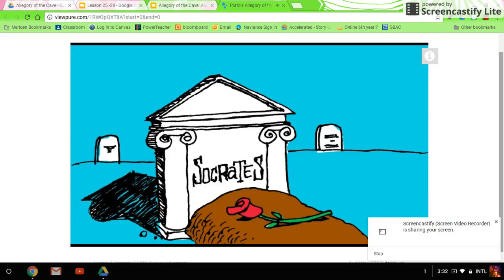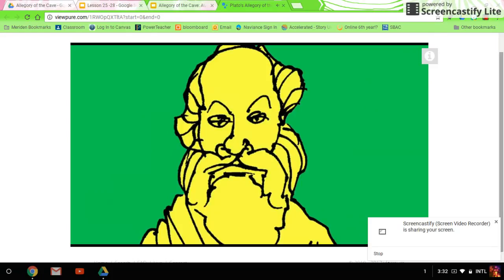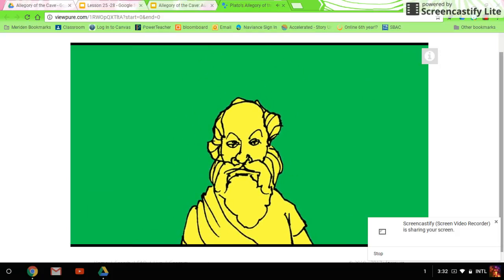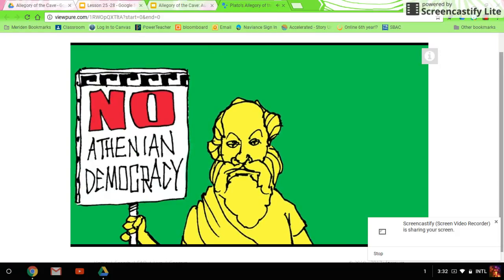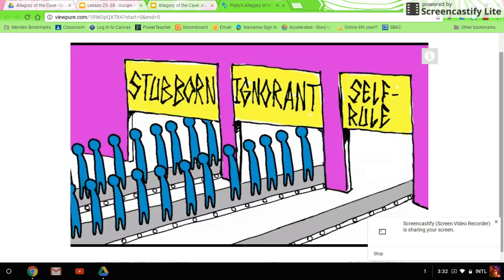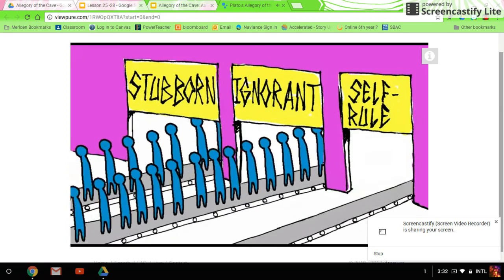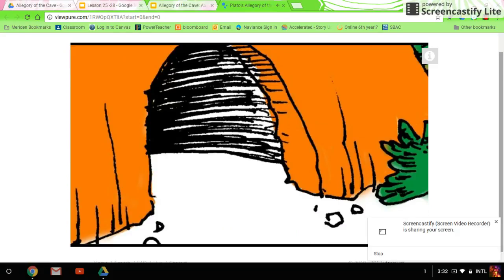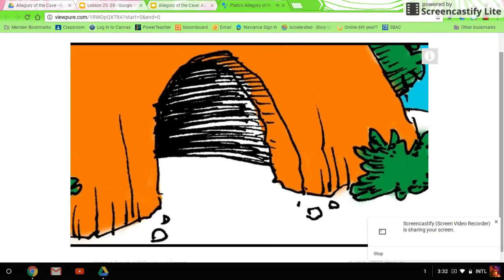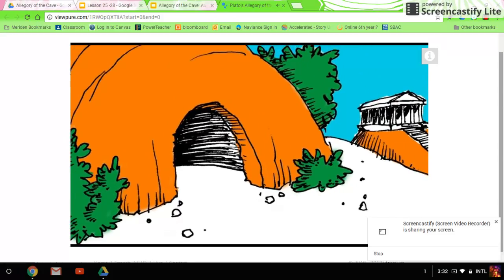In fact, the real-life Socrates was sentenced to death by the Athenian government for disrupting the social order, and his student Plato spends much of the Republic disparaging Athenian democracy, while promoting rule by philosopher kings. With the cave parable, Plato may be arguing that the masses are too stubborn and ignorant to govern themselves. But the allegory has captured imaginations for 2,400 years because it can be read in far more ways.